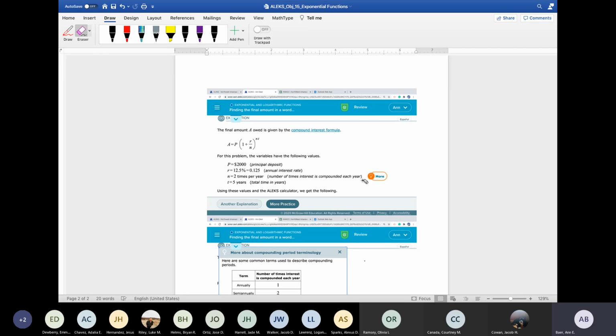So we'd get 105 times 0.05, which is $5.25 added to the 105. And you don't really need to know this. You'd have a total of $110.25.